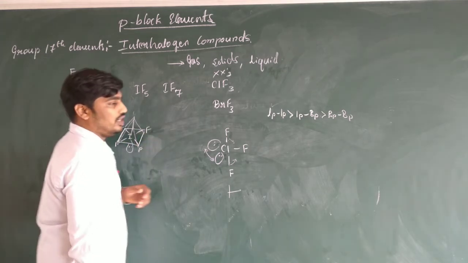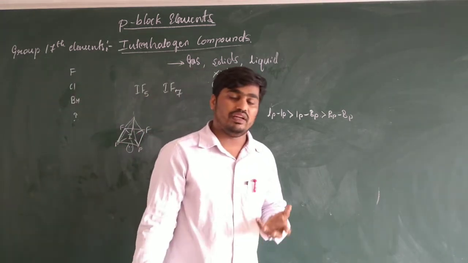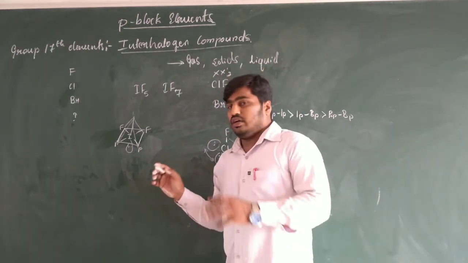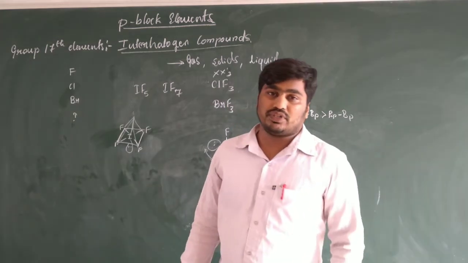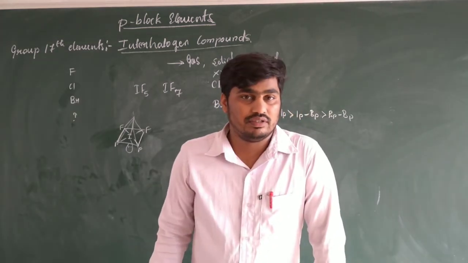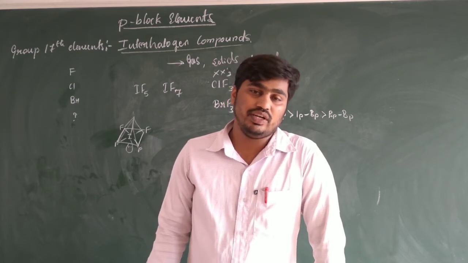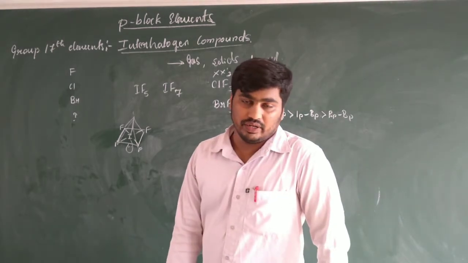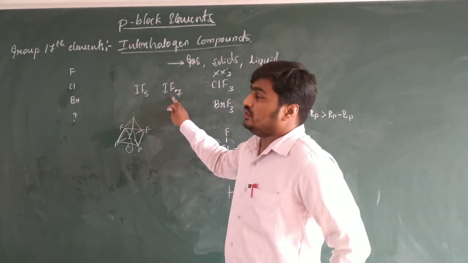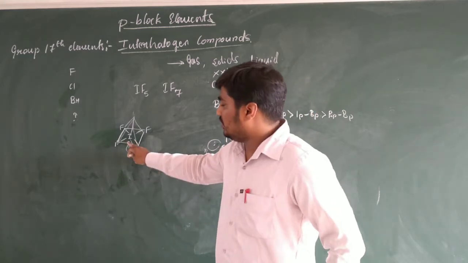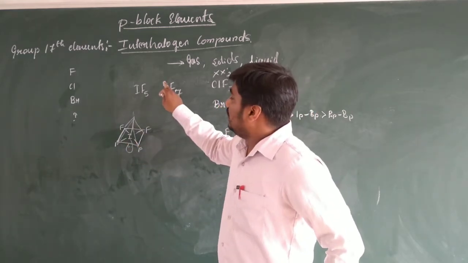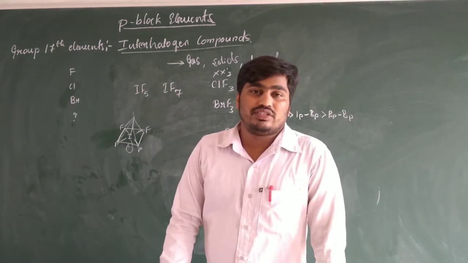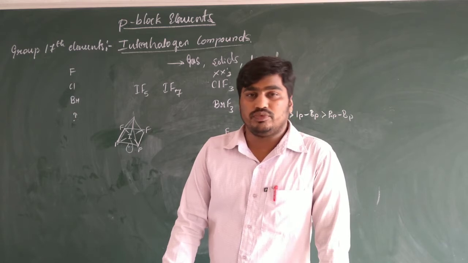There is a lone pair of electrons on iodine. That lone pair causes lone pair-bond pair repulsion. Due to that, the structure is distorted and not systematic. Similarly, IF7 is pentagonal bipyramidal. So here we have a square pyramidal shape, and here a distorted pentagonal bipyramidal structure is observed.